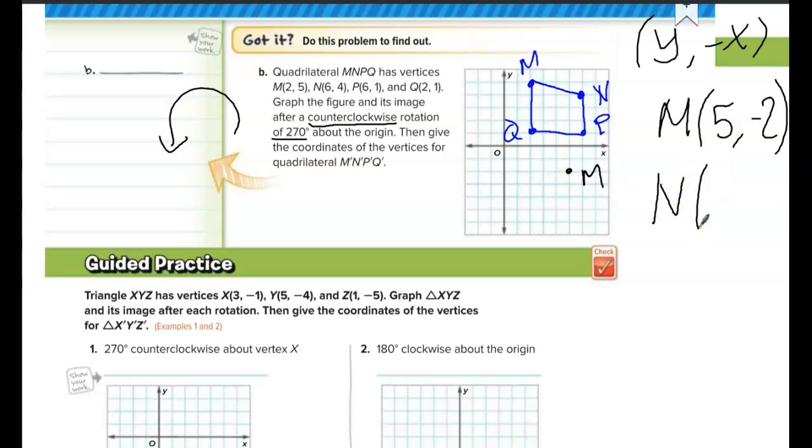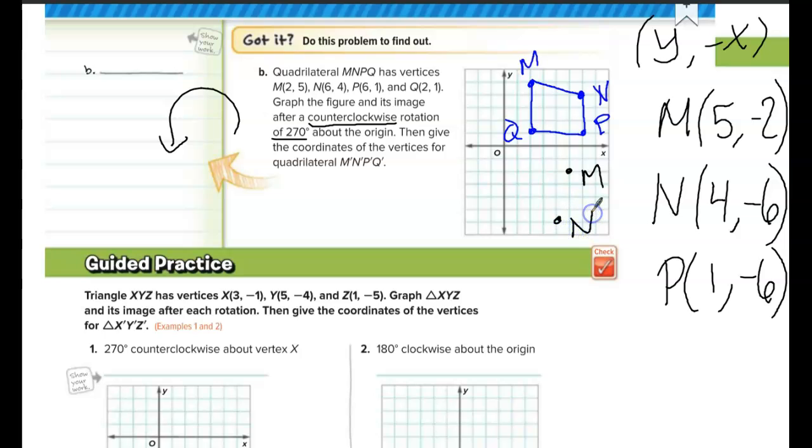N, what's its Y? N's original Y is 4, comma, opposite X. P, Y would be 1, opposite X. I forgot to graph N. 1, 2, 3, 4, 5, 6.